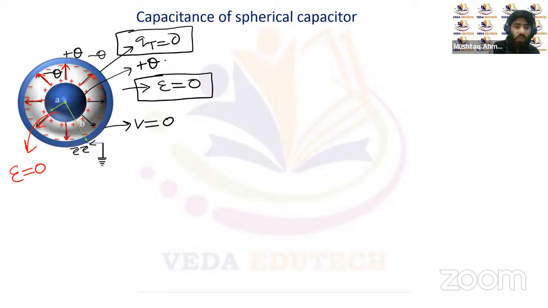So there are two important conclusions here. The first important conclusion is that if we ground the outer surface of the concentric spherical capacitor, then the electric field strength outside that sphere is going to be 0.